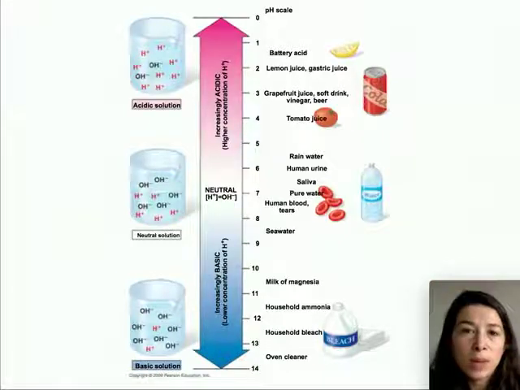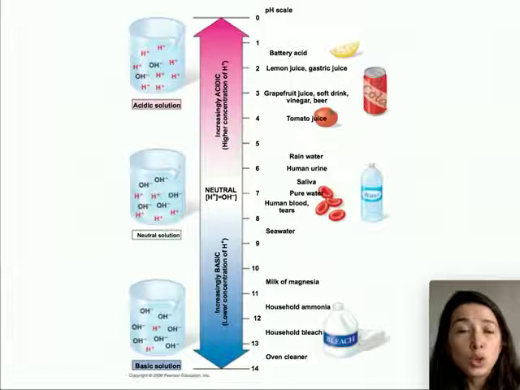So when you think about pH 3 or 4, you're thinking of acidic solutions. Once we get towards 7, that's the neutral zone. There, the amount of hydrogen ions equals the number of base molecules, and we consider that not to have any free hydrogen ions floating around, so it's neutral.